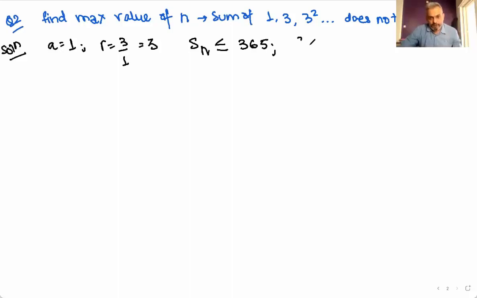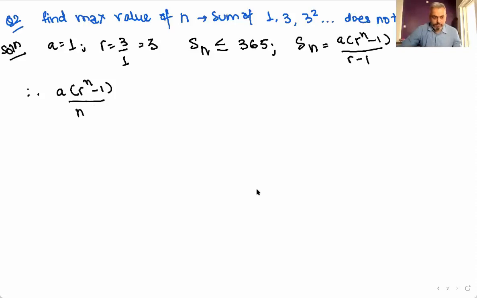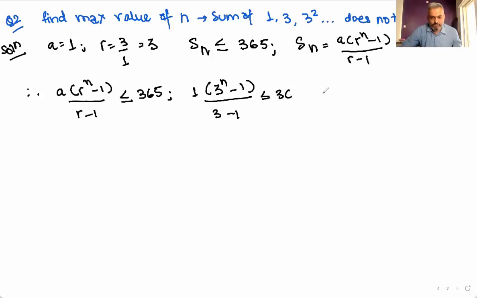Now, what is the formula for Sn? Sn is equal to A into R raised to n minus 1 upon R minus 1. So A into R raised to n minus 1 upon R minus 1 should be less than or equal to 365. So let's write A is 1, 3 raised to n minus 1 upon 3 minus 1 less than or equal to 365.